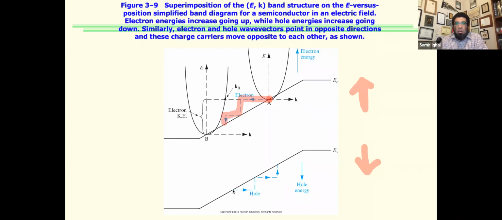So holes would want to come down to lower and lower energy levels. For both sides, their references are different. This would be the effect of applying a voltage across a semiconductor material.